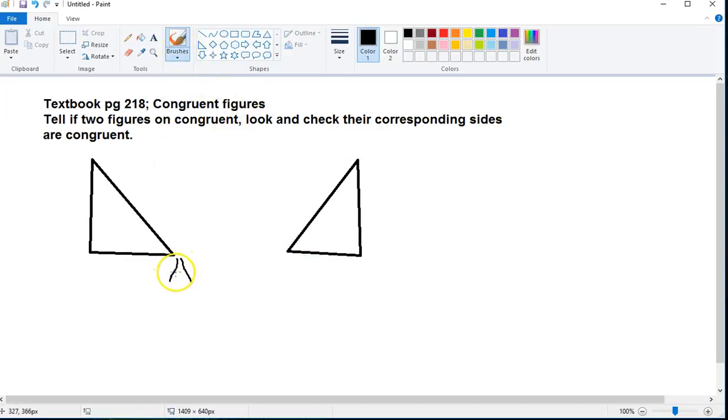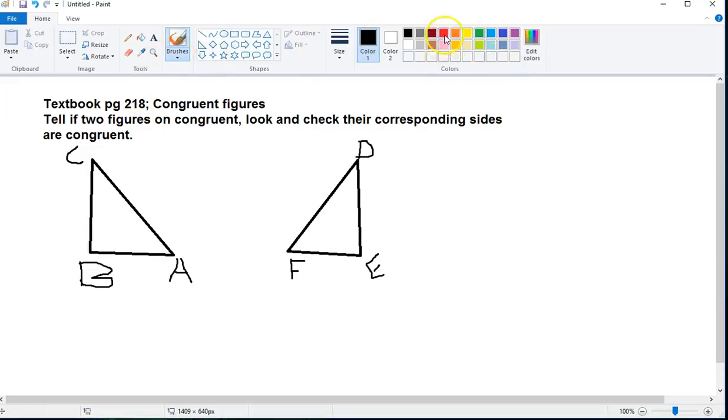We could just say that this is A, this is a beautiful B, and this is C. And then this one, I'm going to name as D, E, and F. So to check if these two figures are congruent, we have to check that their corresponding sides are congruent.